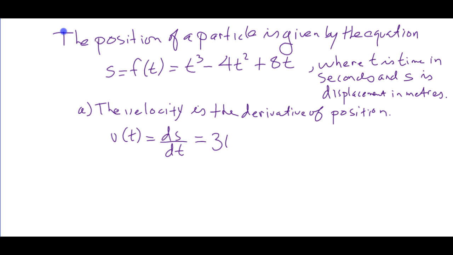Easy peasy now. 3t squared minus 8t plus 8. The acceleration is the derivative of the velocity.